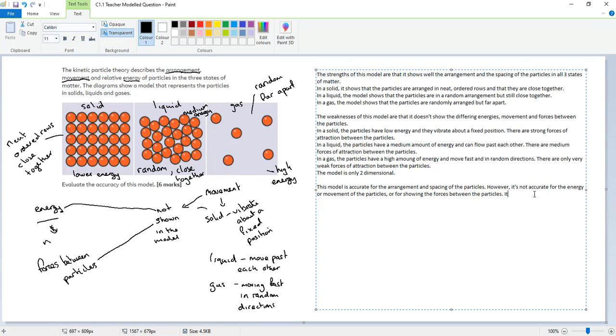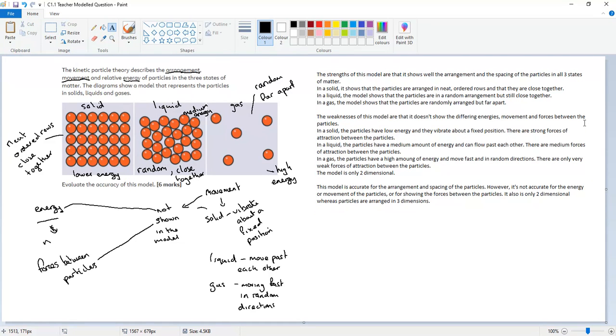It also is only two-dimensional, rather, whereas particles are arranged in 3 dimensions. Okay, so let's click off there, because ignoring typos, that's going to be your perfect answer.